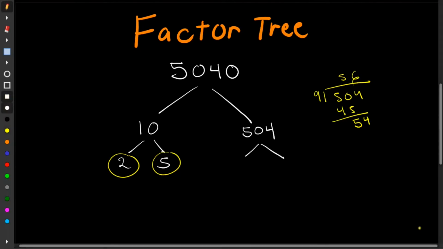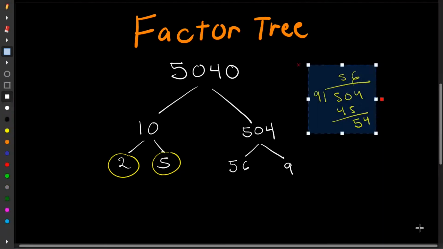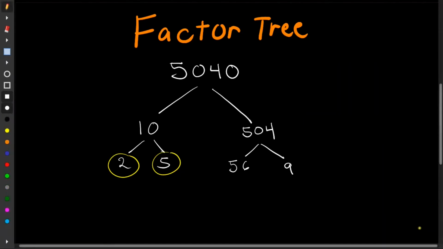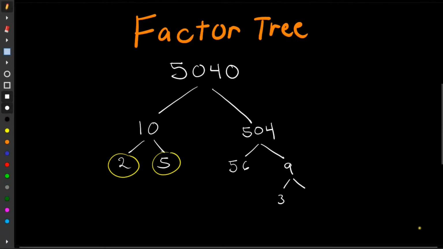So we can decompose this as 56 and 9. Now this 9, we can decompose as 3 and 3, since 3 squared is 9. And these two are already primes.